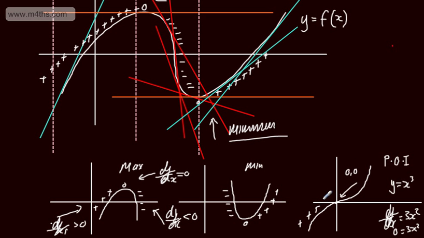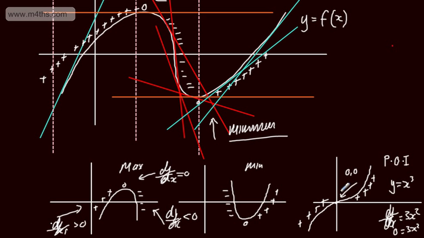To the left, we've got a positive gradient. To the right, we also have a positive gradient. That is what we call a point of inflection. So the gradient is not switching from positive to negative or from negative to positive; in this case, the sign will remain. So if we took y is equal to minus x cubed, then we'd have a negative gradient, a 0 gradient, and then another negative gradient.